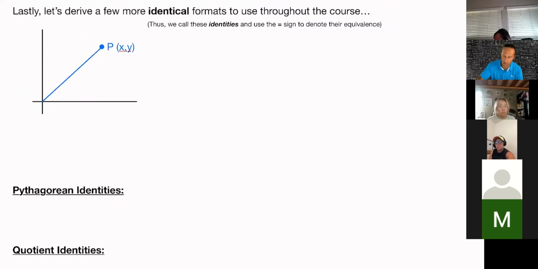And these are what are called identities or identical formats. And remember, to get to that point, we can always go directly there, but we'd have to know that distance and at what angle to rotate. Most of the time, they're going to give us an x and a y. And how would we get there if we did that? Right some x, up some y, and that is our right angle.